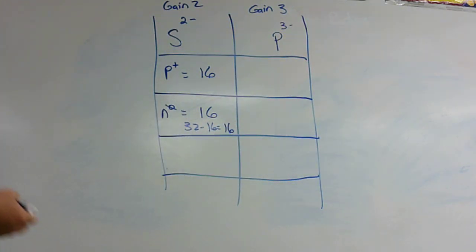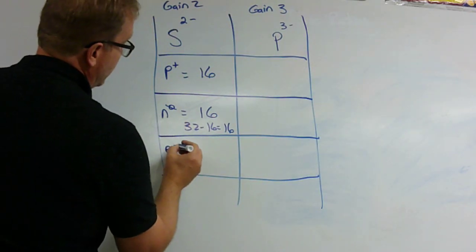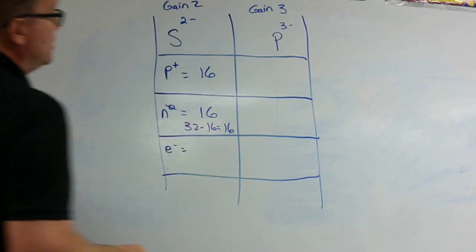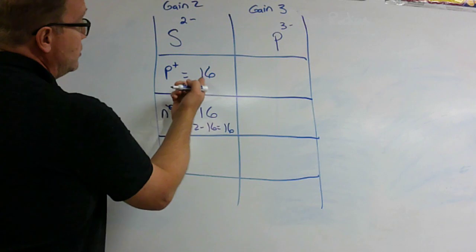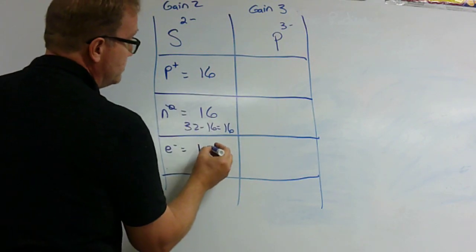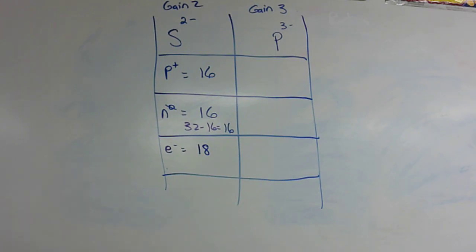Not doing isotopes. Again, it doesn't really matter as far as your attraction anyway. And then I have electrons. If I'm gaining 2, how many electrons am I going to have? Well, I'm gaining 2 off of this one, so it's 18. Let's go ahead and do the other one.